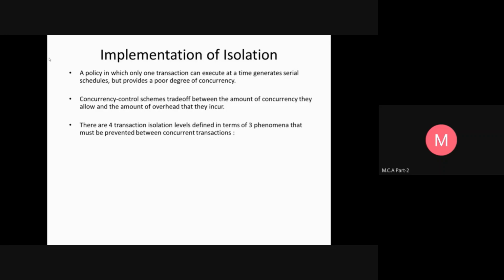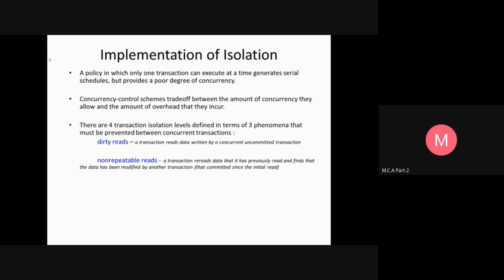Now, there are 4 transaction isolation levels defined in terms of 3 phenomena, which we have seen in the last session. These 3 phenomena must be prevented to some degree between concurrent transactions. So what are the phenomena that we looked at? We saw dirty reads, non-repeatable reads, and phantom reads. What is a dirty read?